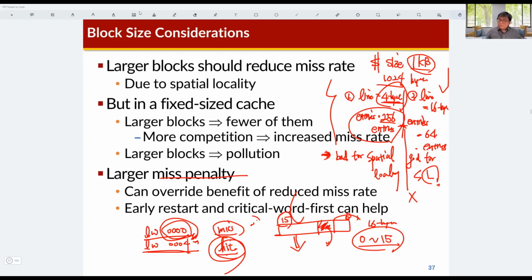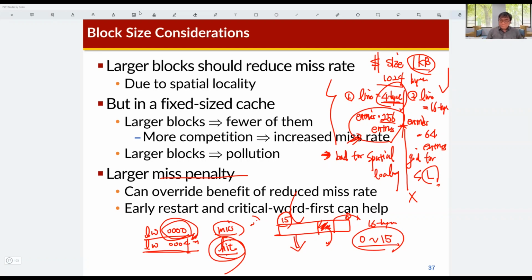If the cache size is the same, 1 kilobyte, this cache has a large number of entries, and this cache has only 64 entries. Because this cache has more entries, it may handle more items, more requests.